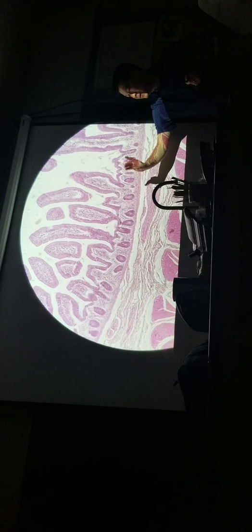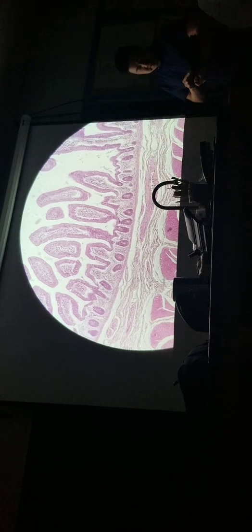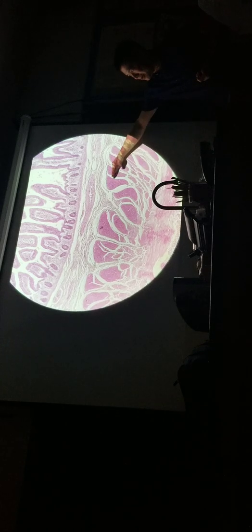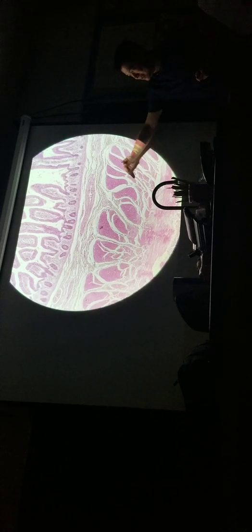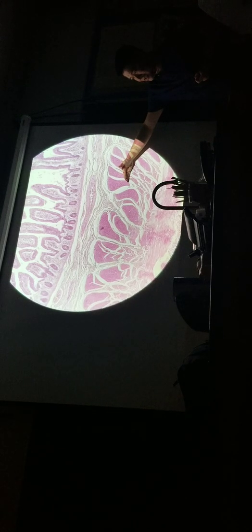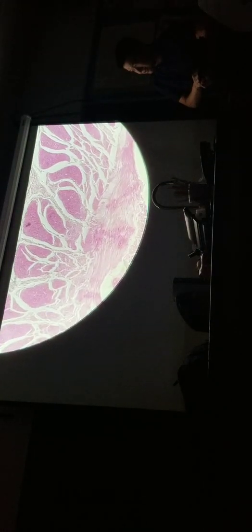Okay. Then the actual submucosa. Then here is one layer of the muscularis. There's the inner circular layer, the outer longitudinal layer. And then I don't really think we have the serosa.